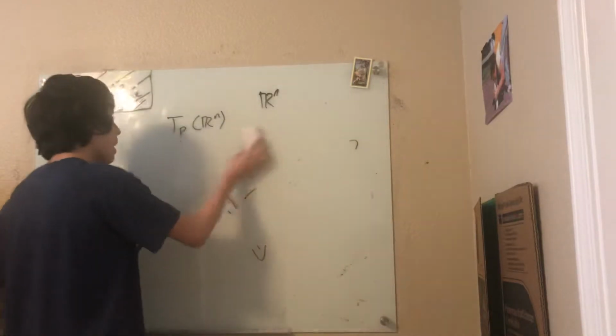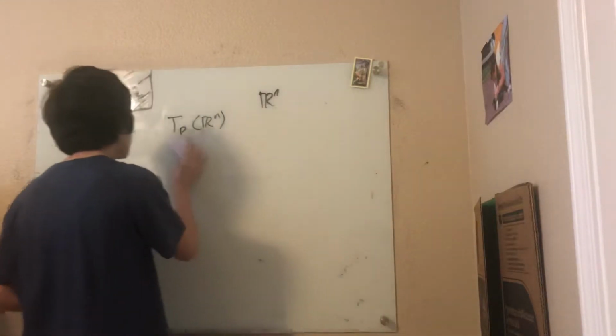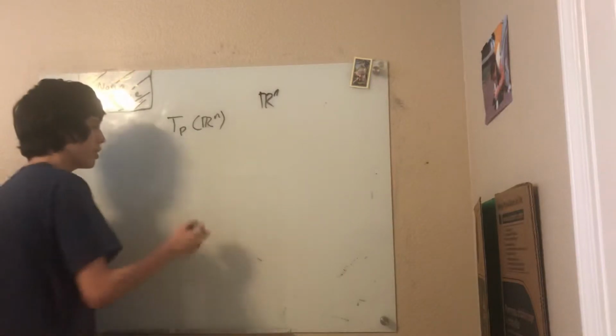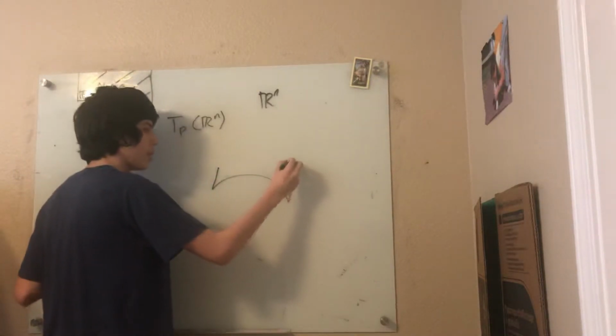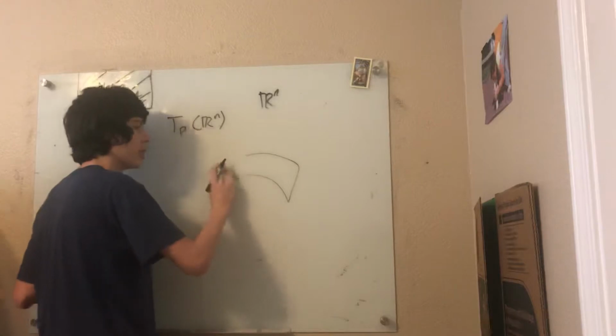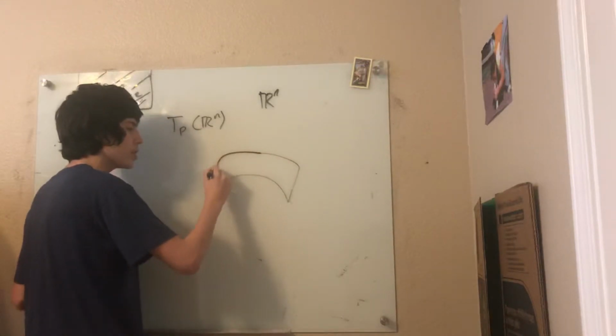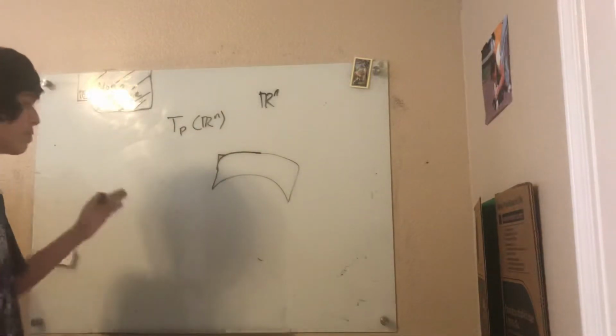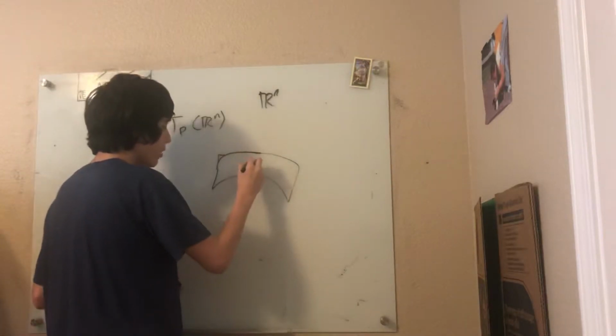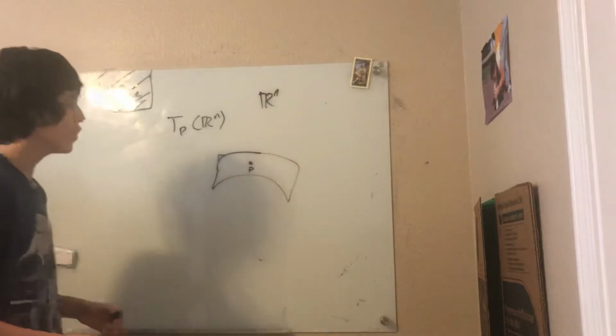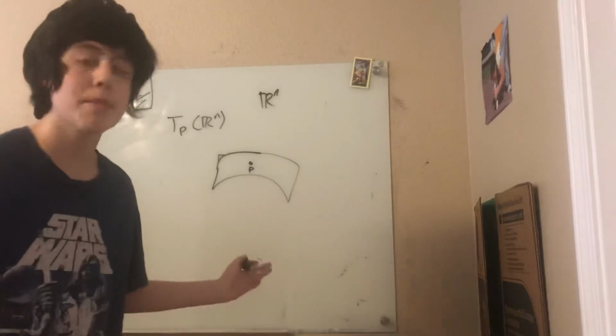If we have a geometric object like this, at a point right here, P, first of all, geometric objects cannot be vector spaces.